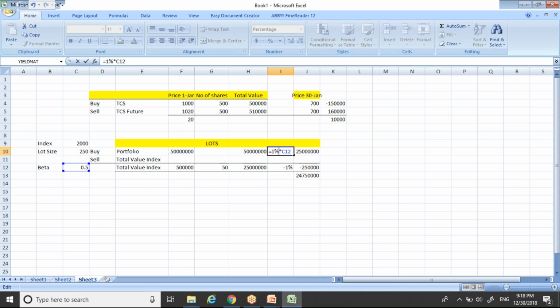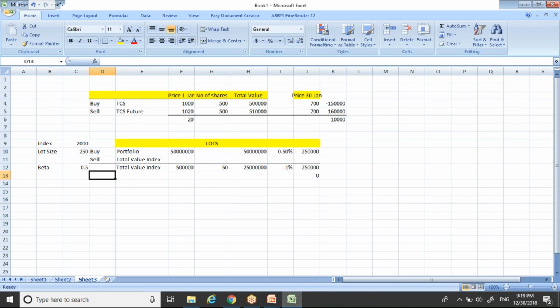So here your profit and losses are the same. Because we know that the beta is half, if the index moves 1%, it will give you a loss of around $250,000, but the stock will move only 0.5%, it will give you a profit of $250,000. So both are the same.